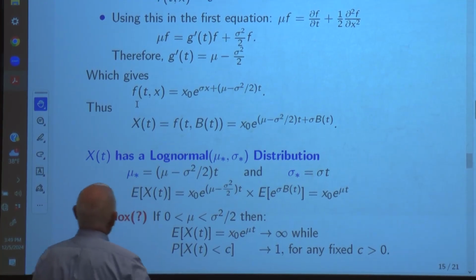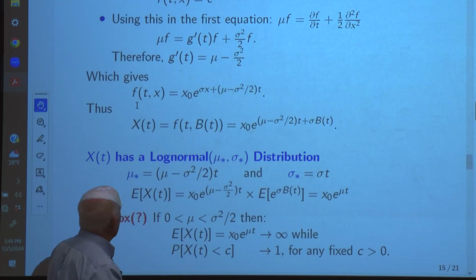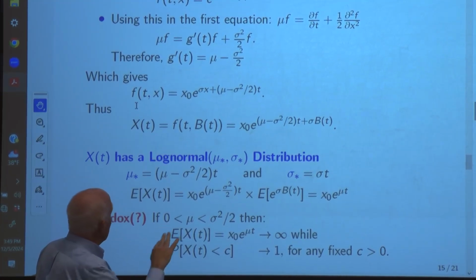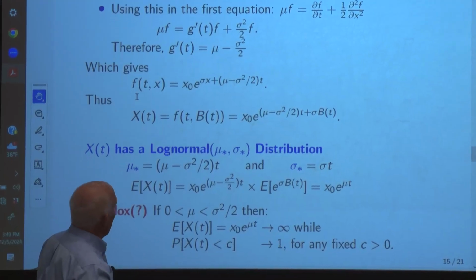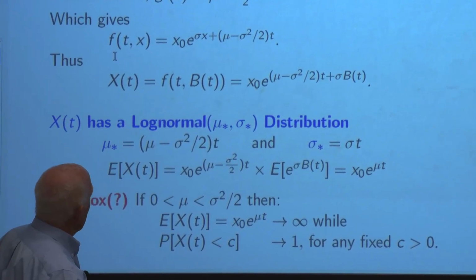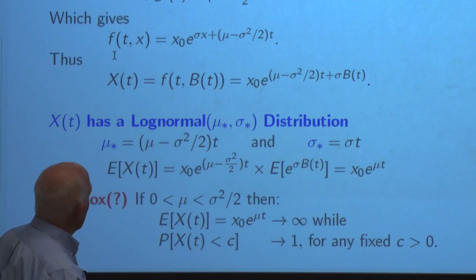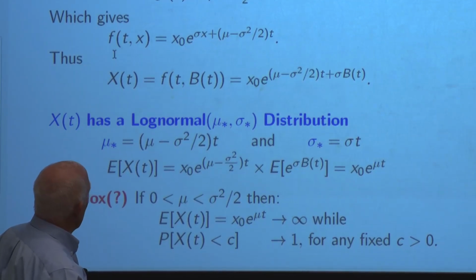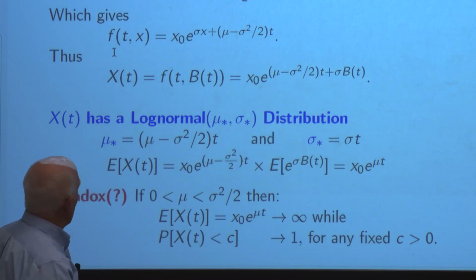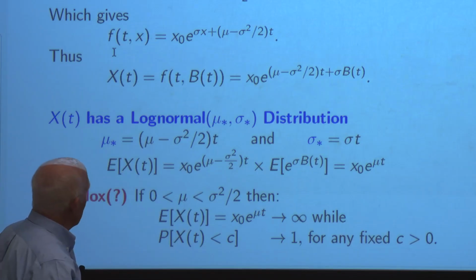With that, we end up getting a solution for f, which is the initial value x naught times the exponential of sigma x plus this factor times little t, and that factor is the adjusted drift of the geometric Brownian motion. So we get our solution for geometric Brownian motion coming out from that differential equation.